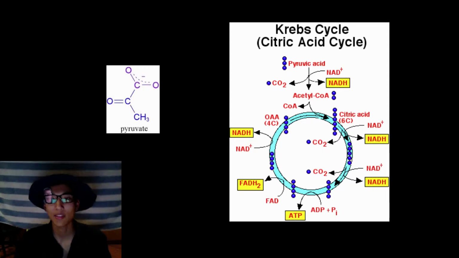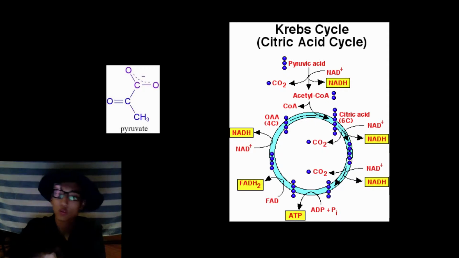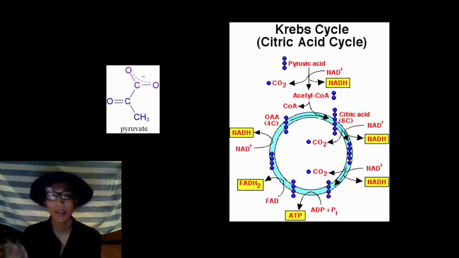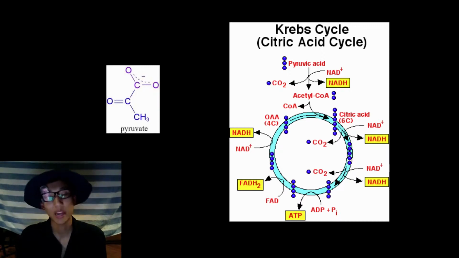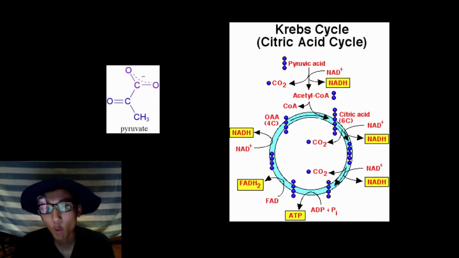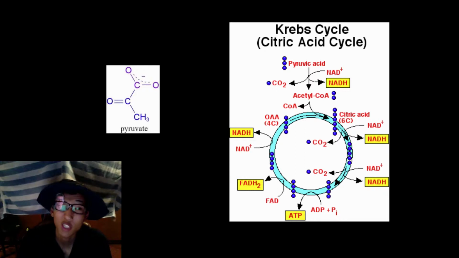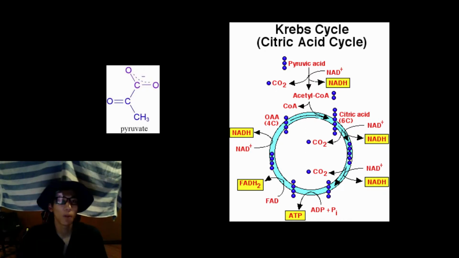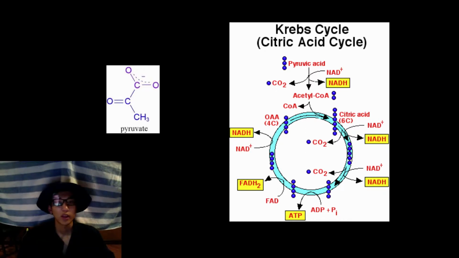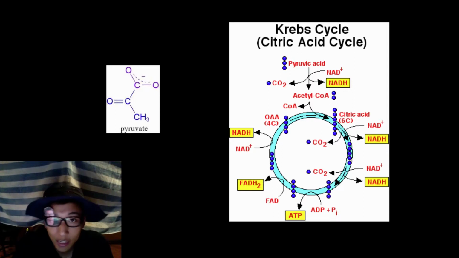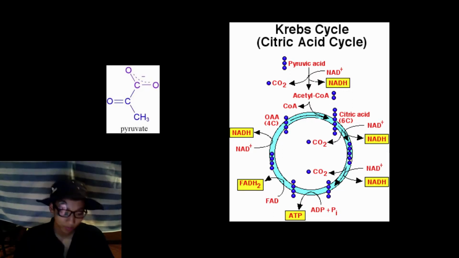Many molecules just get broken up to create NADH, FADH, and ATP. These are important in the next process, the electron transport chain, and that's where most of the ATP will be created for the energy needed in all organisms.